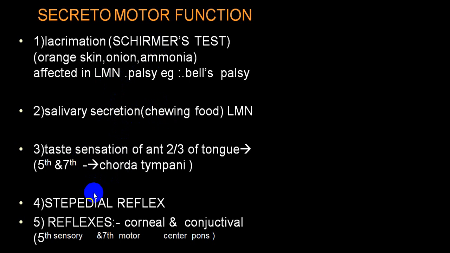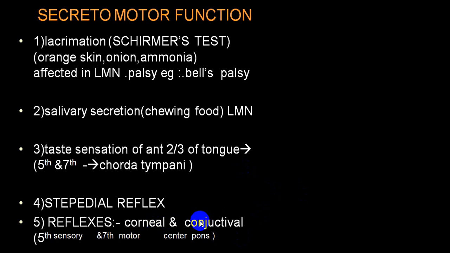The nerve supply to the stapedius muscle, you will be able to identify by examining with audiometry. And simultaneously, because the motor pathway to orbicularis oculi is the seventh cranial nerve, you will look for corneal and conjunctival reflexes, because the fifth cranial nerve will be the sensory pathway, the center will be the pons, and the motor pathway is the seventh cranial nerve supplying orbicularis oculi.